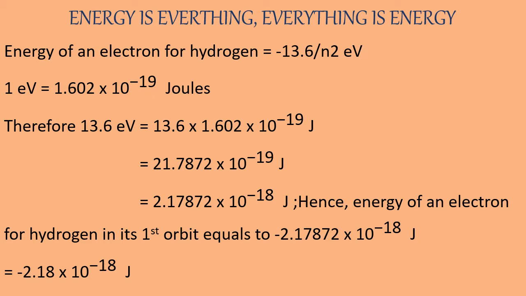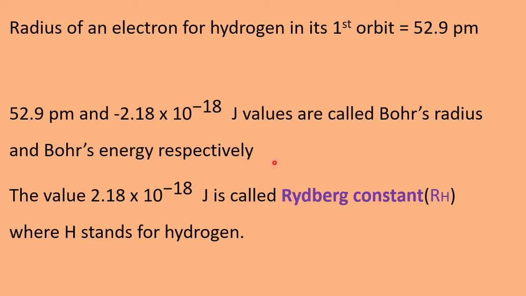In our previous discussion, we have calculated the radius of an electron for hydrogen in its first orbit where n equal to 1. It is 52.9 picometers. These two values, 52.9 picometers and minus 2.18 into 10 to the power minus 18 joules, are called Bohr's radius and Bohr's energy respectively.